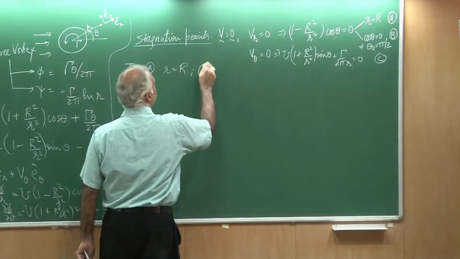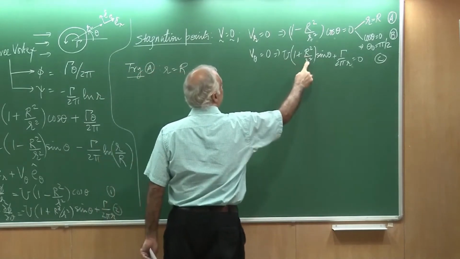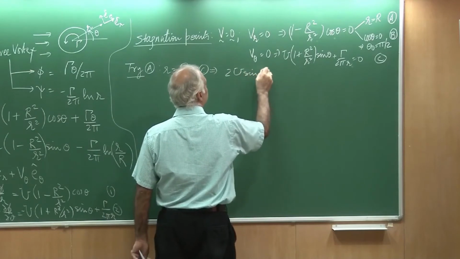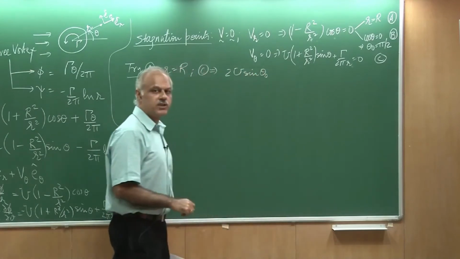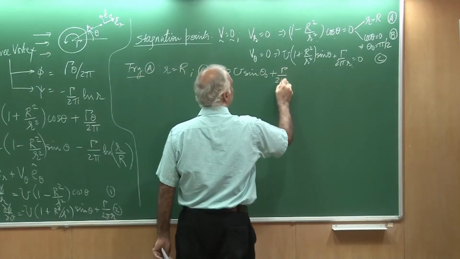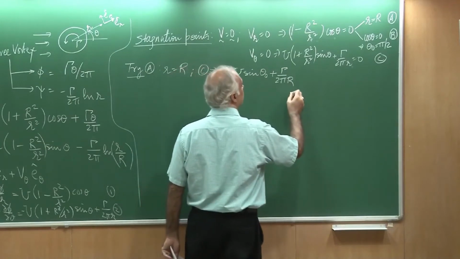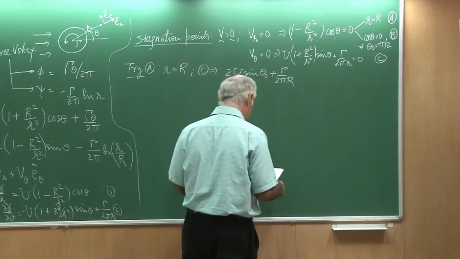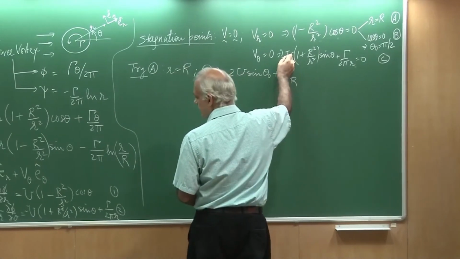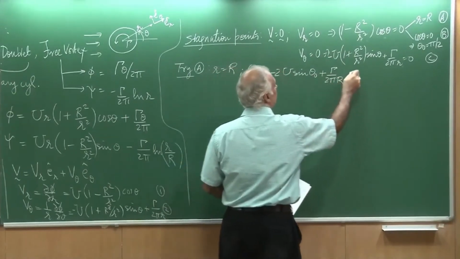Then C would imply that I have minus twice u, with theta replaced by theta naught to denote the stagnation points, sine theta naught, plus gamma by 2 pi R, because now small r is equal to capital R. There was a negative sign which I missed here, so this is minus 2 and this is 0.